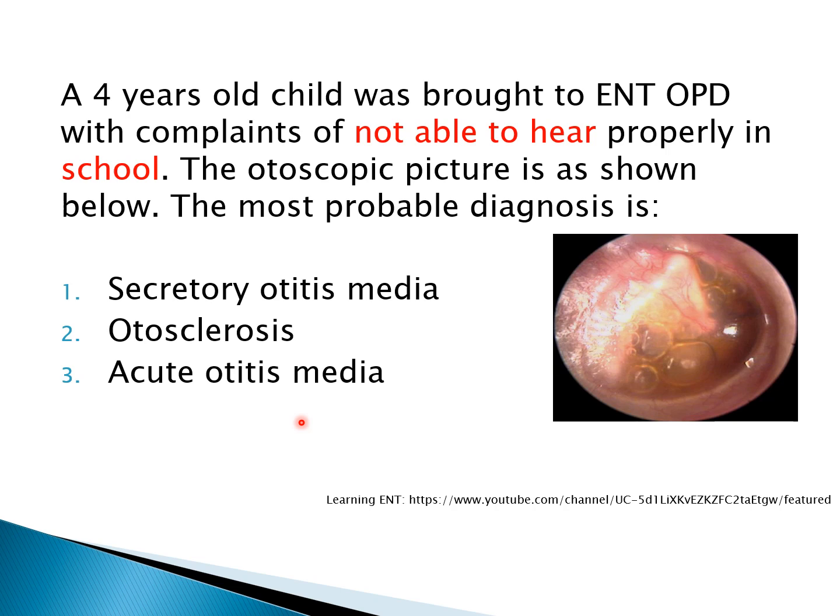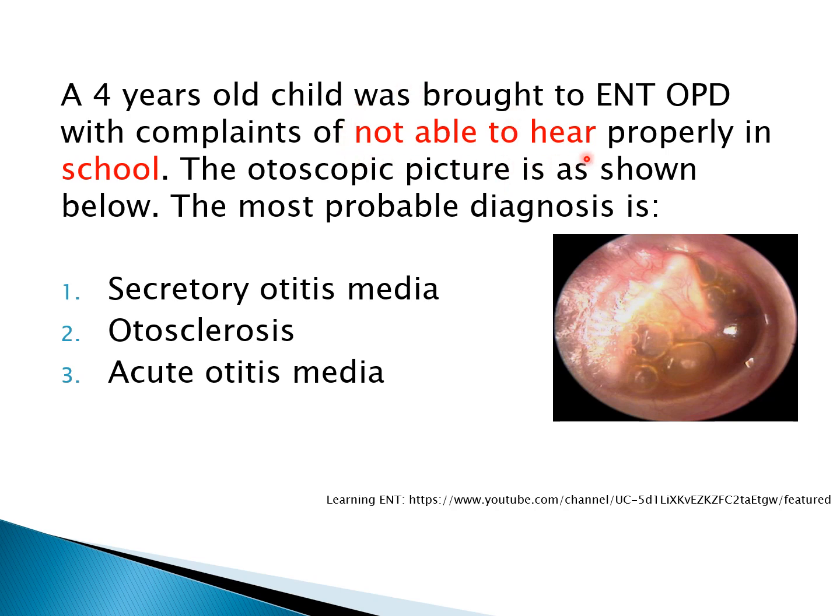Another question, it can be said as a problem based plus image based combined. So what is it? A 4-year-old child was brought to ENT OPD with complaints of not being able to hear properly in school. The otoscopic picture is as shown below. Most probable diagnosis is. Now here from this question we need to catch the specific terms.